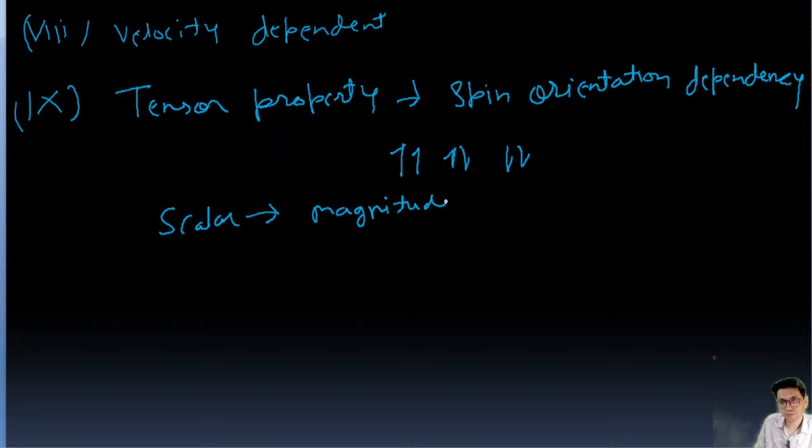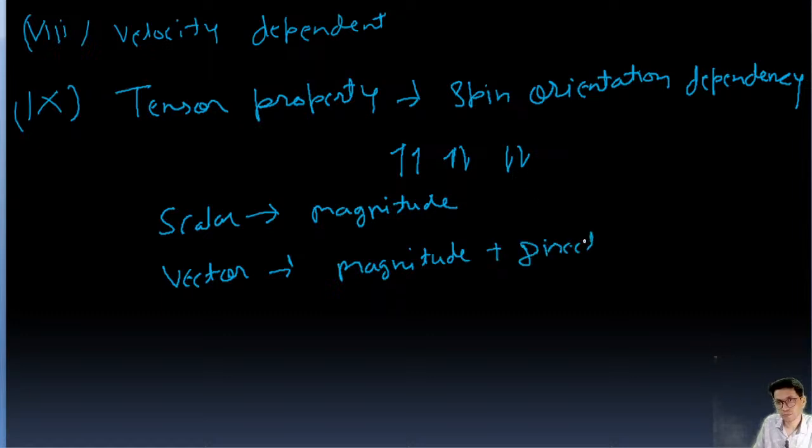A vector is magnitude plus direction. Like force F is Fx i cap plus Fy j cap plus Fz k cap.